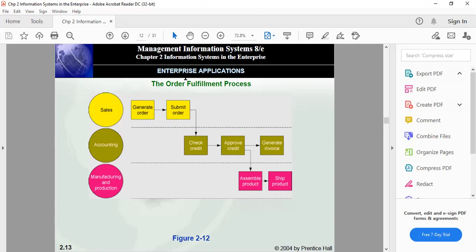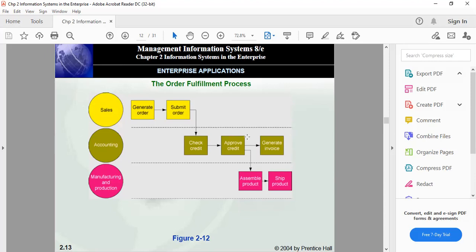So if we think of this particular business process as a whole, then these three functional departments are being combined in such business process. Although if we are going to dissect or separate the business process, that's also going to be okay. So we can even have this particular business process as the order process or the order filing process.